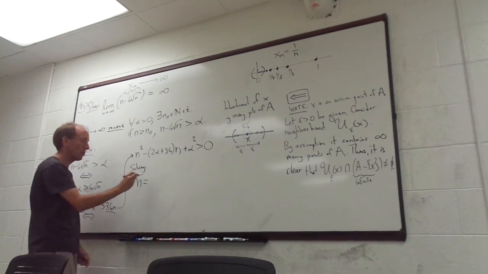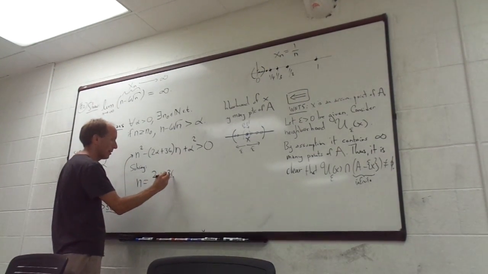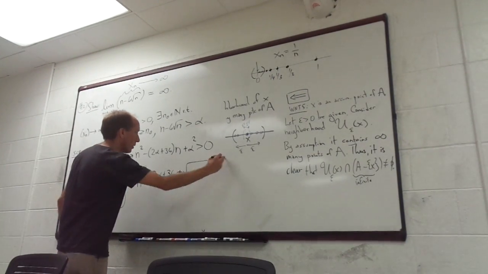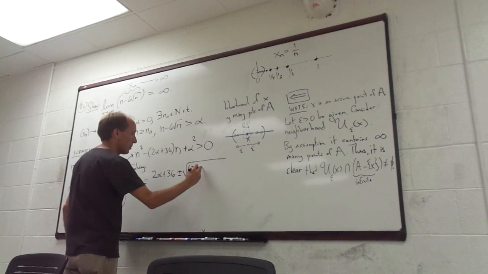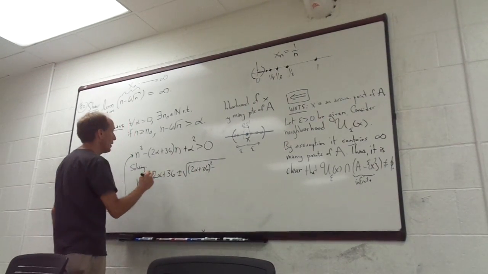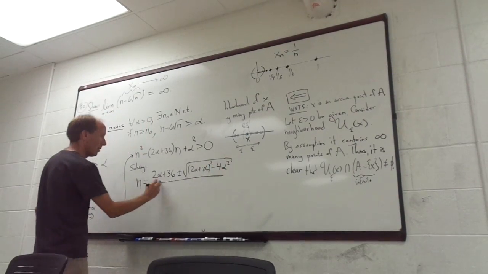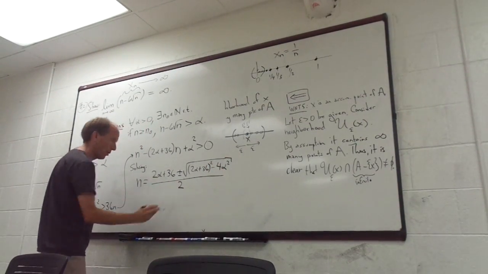So the negative of this would just be 2 alpha plus 36. Okay, plus or minus the square root of 2 alpha plus 36 squared minus 4 alpha squared, all over 2.